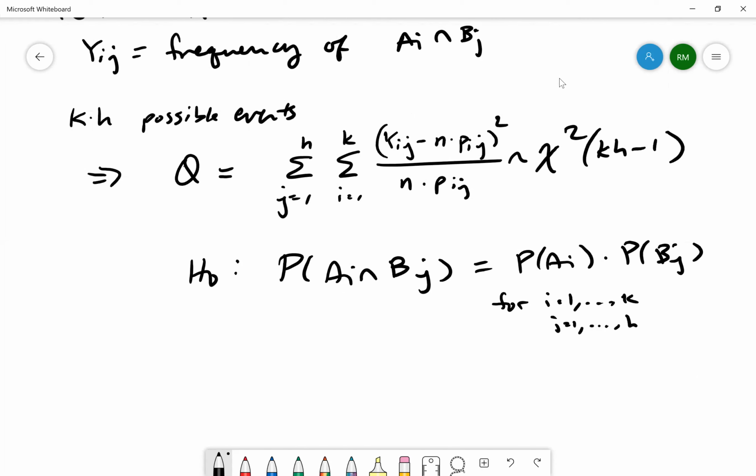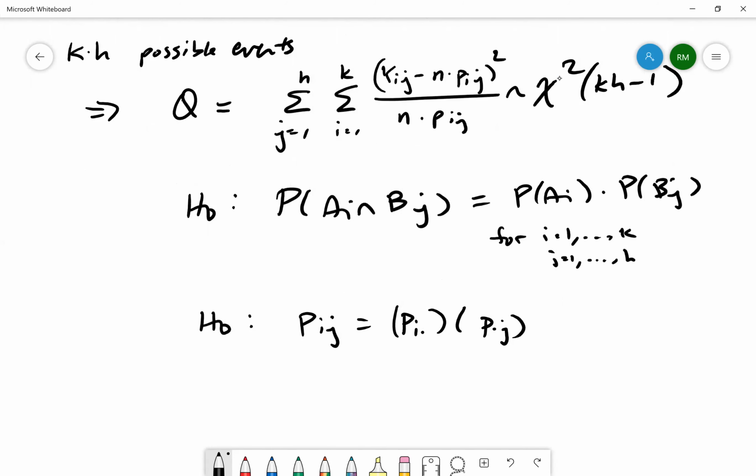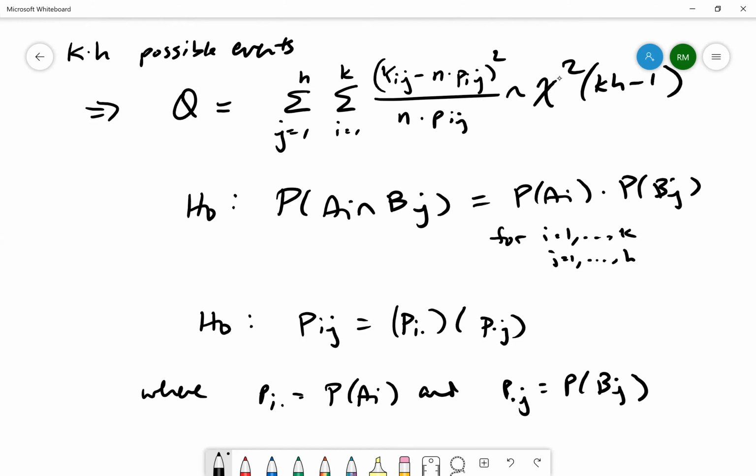So we're going to rephrase this as H0, our null hypothesis, that Pij is Pi dot times P dot j, where Pi dot is the probability of Ai, and P dot j is the probability of Bj.